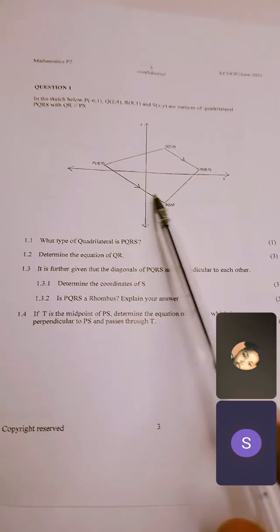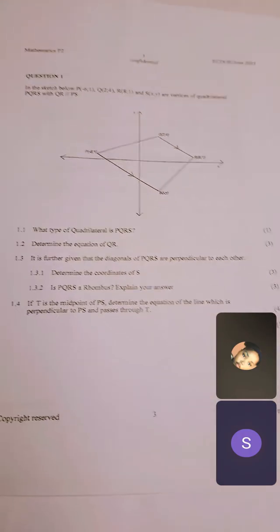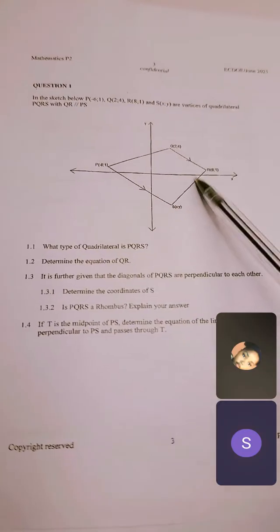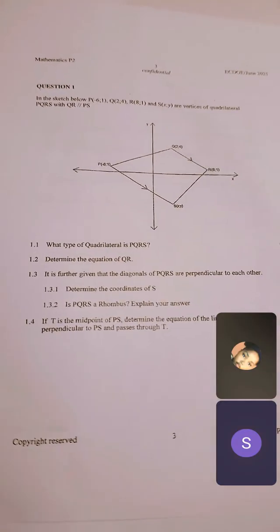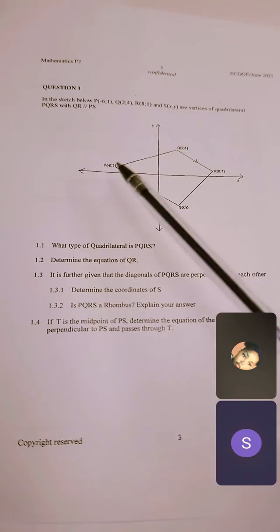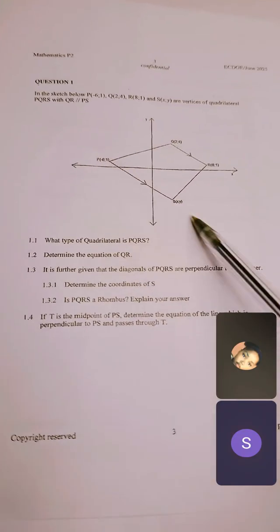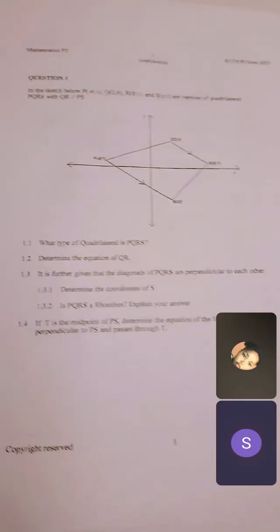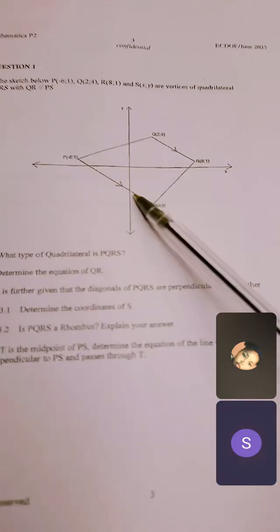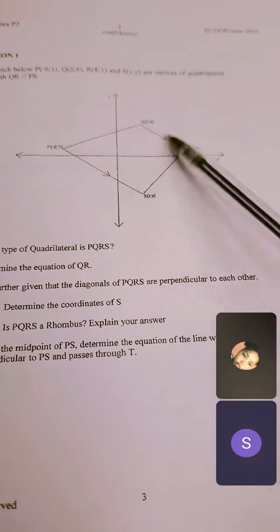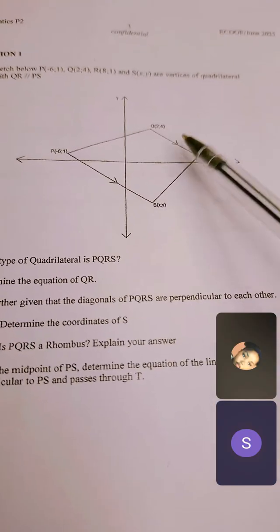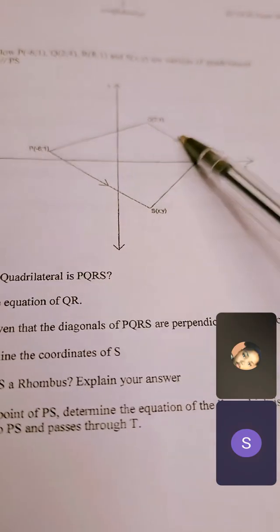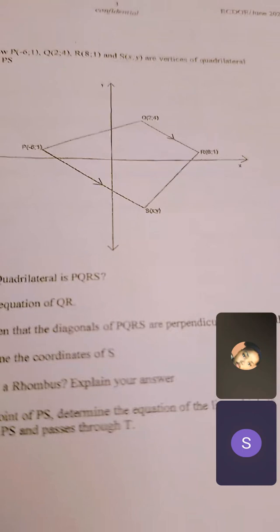So if we know the equation of QR, then we can find the equation of QS, no doubt about it. But I think more than that, if these two lines are parallel, then what do we know about their gradients?